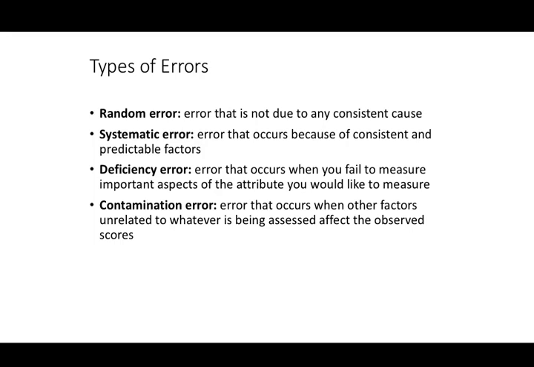There are different kinds of error that can influence a measure and influence its reliability. You can have random error, which again, there's no consistent cause. It just happens. It's a hiccup. It's not a big deal. And if it's random error, randomness occurs pretty consistently, and so we can discount it that way.